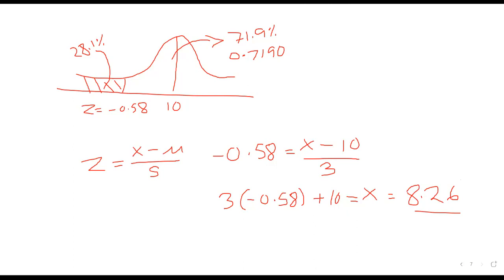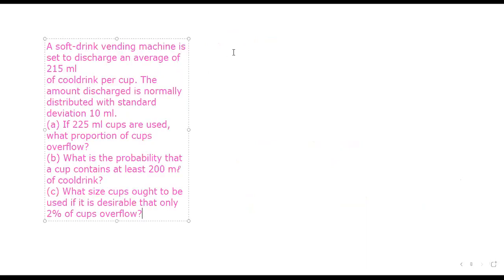So now I'll take you to the way he brings them in the exam. I need you now to apply everything I've just taught you. We're told that a soft drink vending machine is set to discharge an average of 215 mils of cool drink per cup. The amount discharged is normally distributed with a standard deviation of 10.